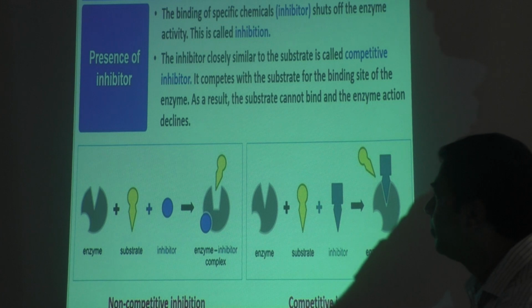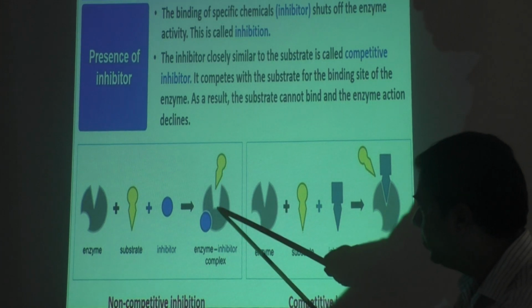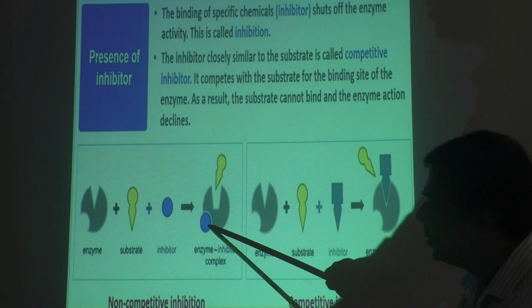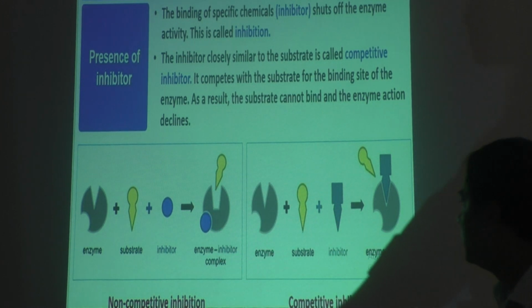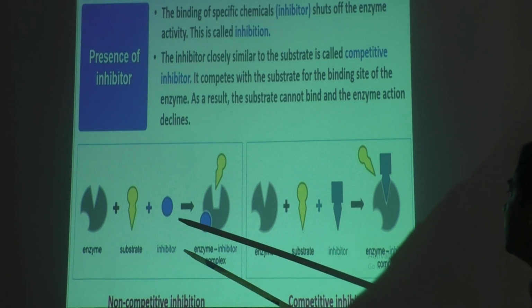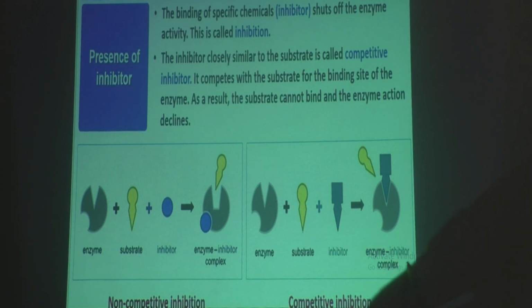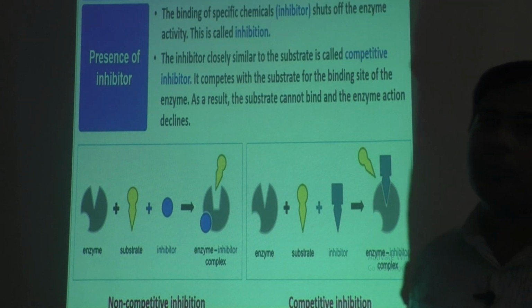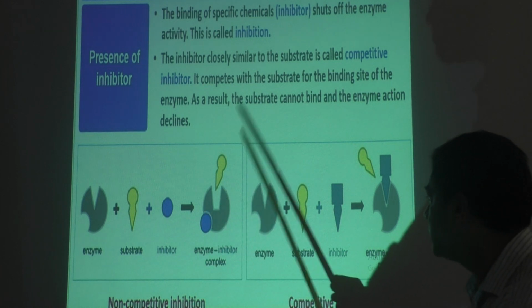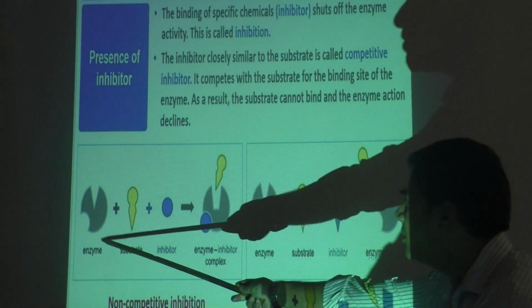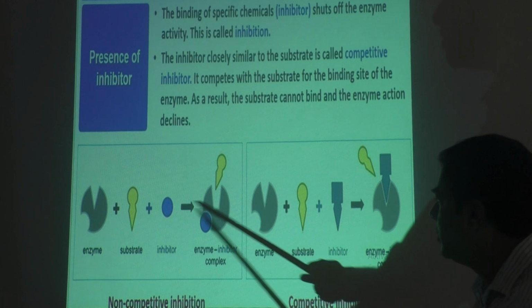What happened there? Enzyme substrate, then it was normal, then that blue color inhibitor also joined, enzyme inhibitor complex, then what happens? Enzyme substrates, substrate separate, inhibitor separate, then the enzyme inhibitor complex happened. No product produced. That means definitely the inhibitor will stop the reaction. Same thing, the enzyme was here, later also enzyme only.